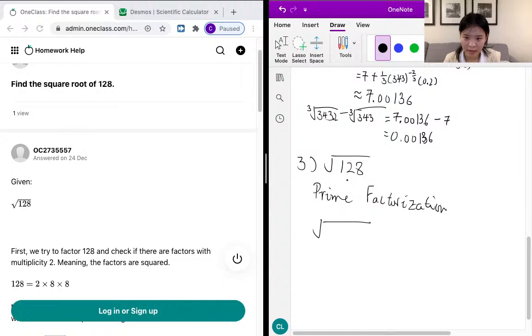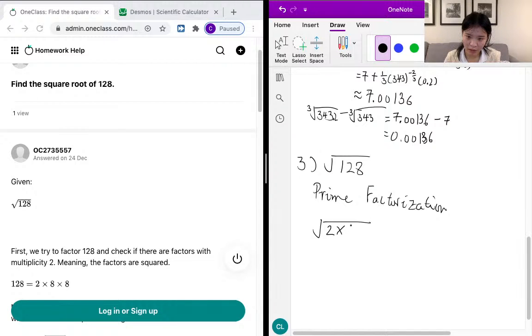So yeah, upon looking at this, we know that 2 is a factor of 128 because 2 is a factor of any number that ends with 0, 2, 4, 6, 8. Okay, so we know that 128 is 2 times what number?